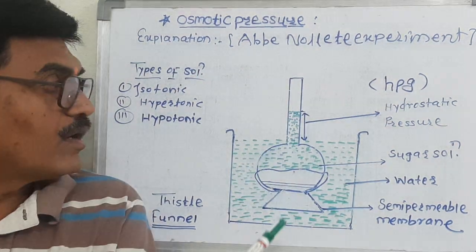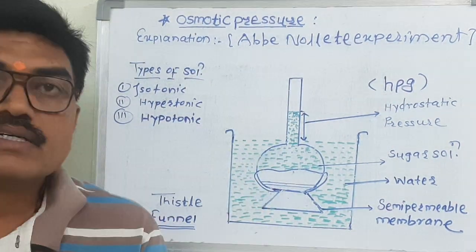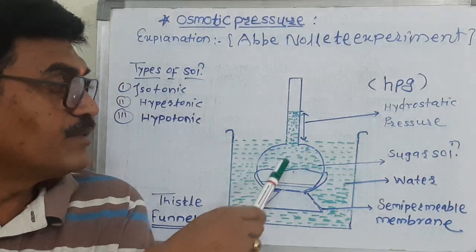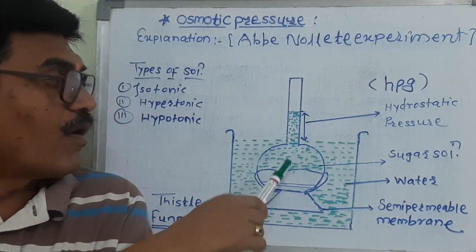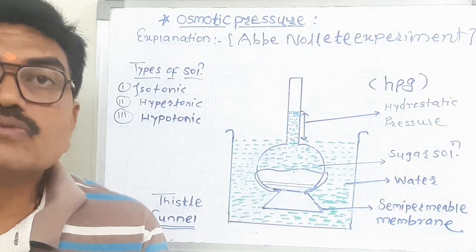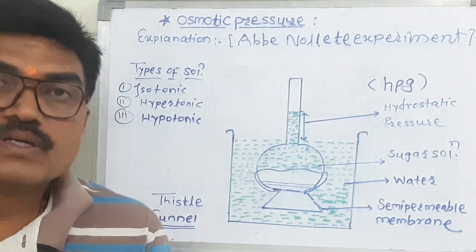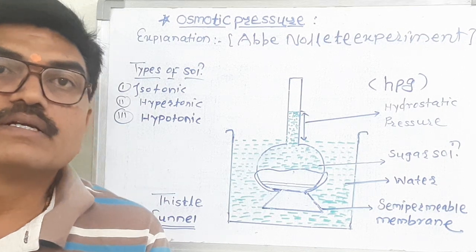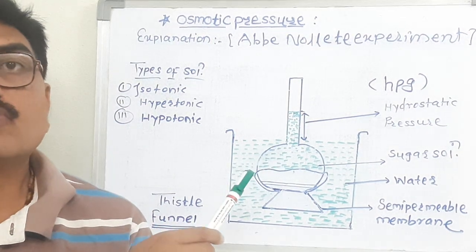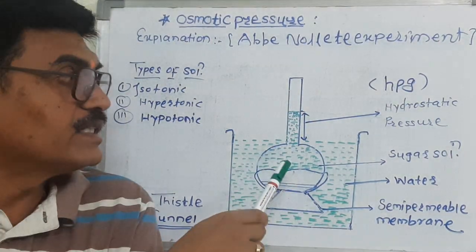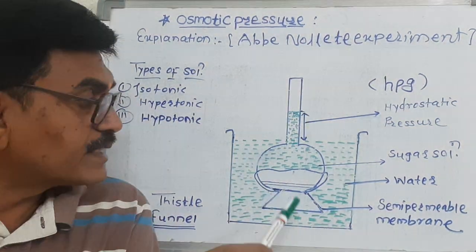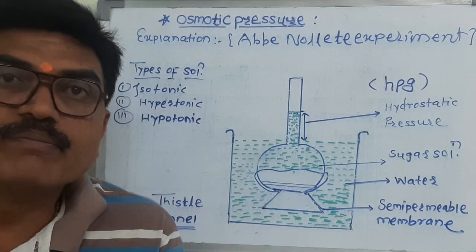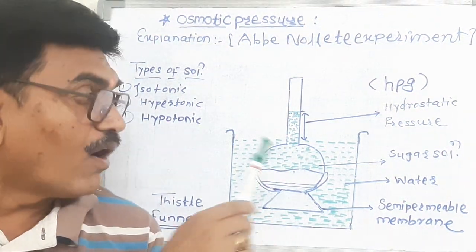We have to note that this osmotic pressure is not the pressure of the solution, but this osmotic pressure exists only when the solvent and solution are separated by the semi-permeable membrane, that is, during osmosis.